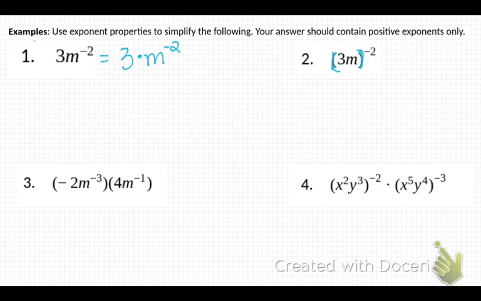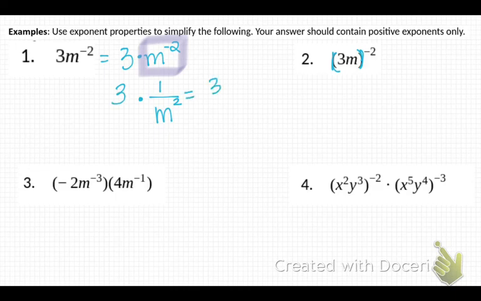Okay? So if I have m to the negative 2, how do I make that positive? Put a 1 where? Okay, so I'm going to put a 1 over, and then the exponent becomes positive. Does that make sense? It changed and becomes positive. I still have a times 3.